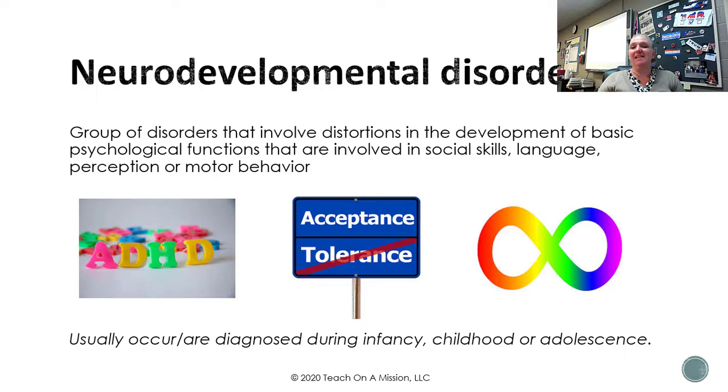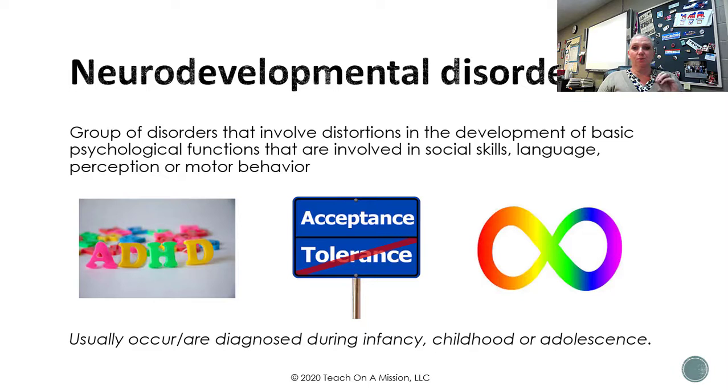Neurodevelopmental disorders are a group of disorders that involve distortions in development, which should be obvious since they're called neurodevelopmental. But you need to understand that this classification did not exist prior to the DSM-5. In the DSM-5 they did add neurodevelopment because there is a genetic basis for these disorders.